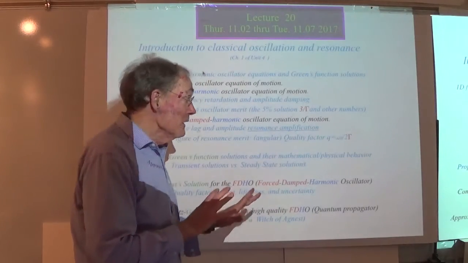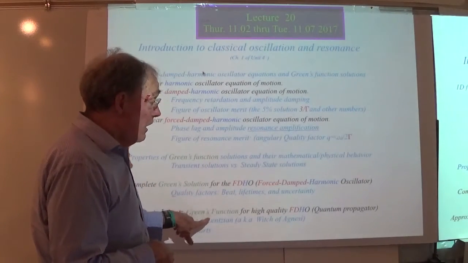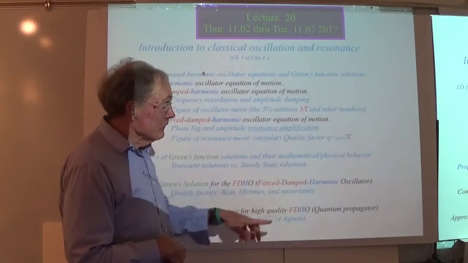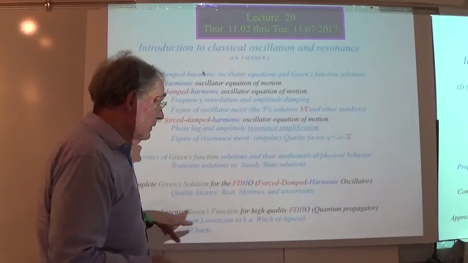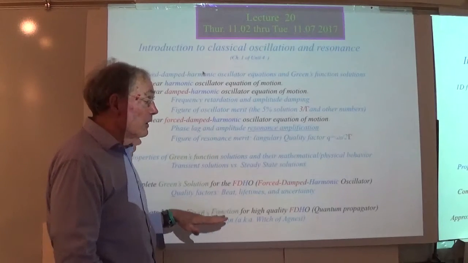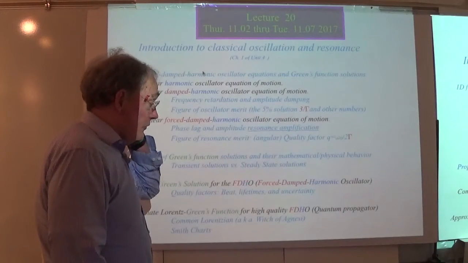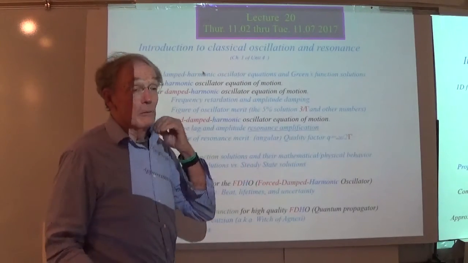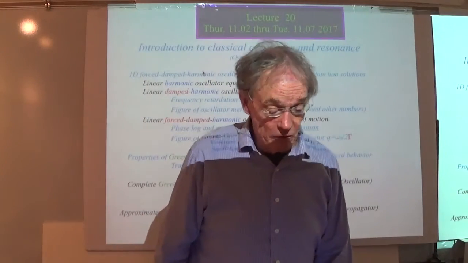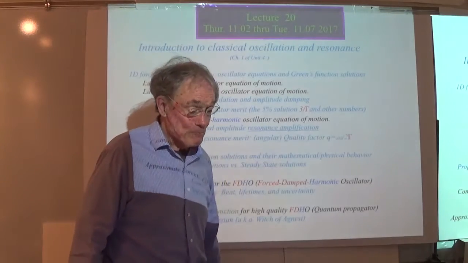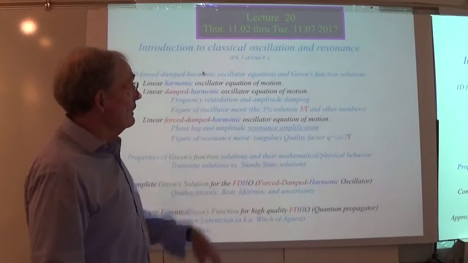So I want to show you the geometry of that function, 1 over z, in the high quality oscillators for the classical thing, but also when you make it really clean, then it becomes virtually identical in the resonant region to the propagator that you're going to be using if you do some field theory with quantum oscillators, electromagnetism, quantum electrodynamics, all that kind of stuff. So that's one thing I want to try to get across in the second half of this lecture.